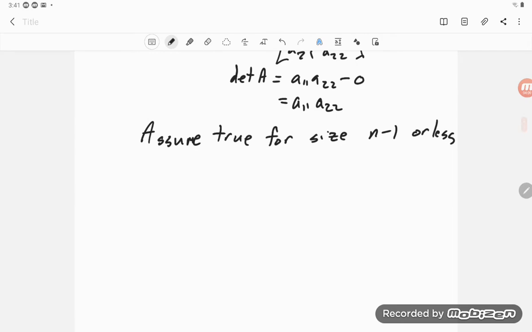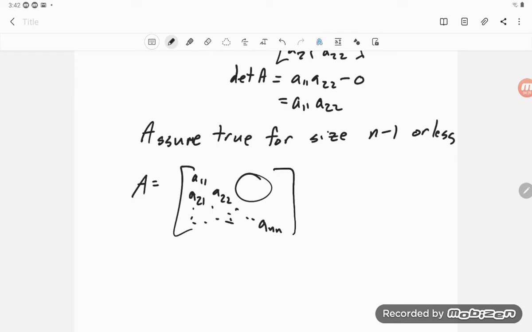Okay, and so now we look at an n by n matrix. So we let A be an n by n matrix, which would be A11, A22, we got a bunch of zeros up there, Ann, and A21, and fill all this stuff in down there.